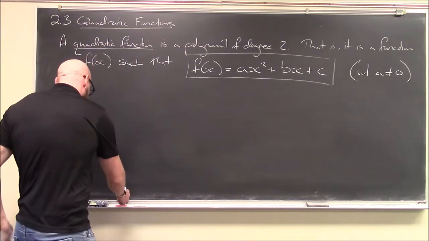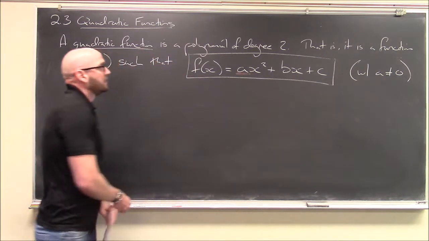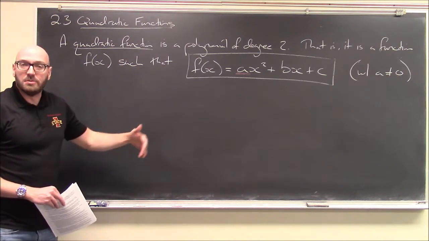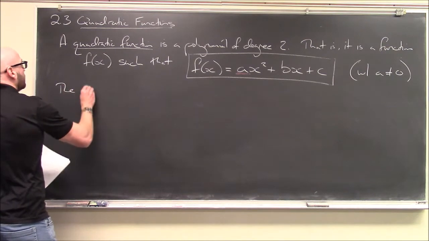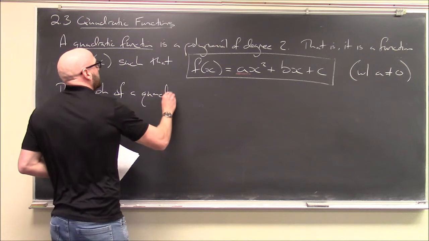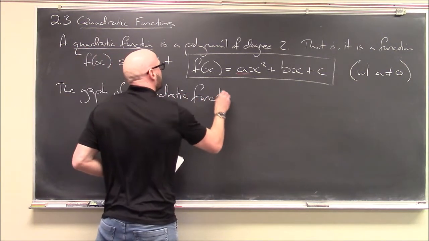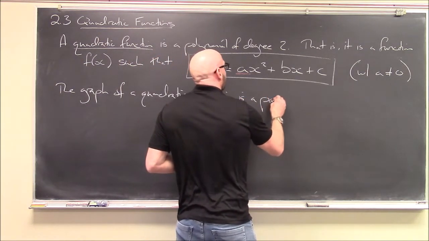So a, this number here, is really important in determining the shape of the graph. And it turns out all quadratic functions basically have the same shape. They're all parabolas. So the graph of a quadratic function is a parabola.